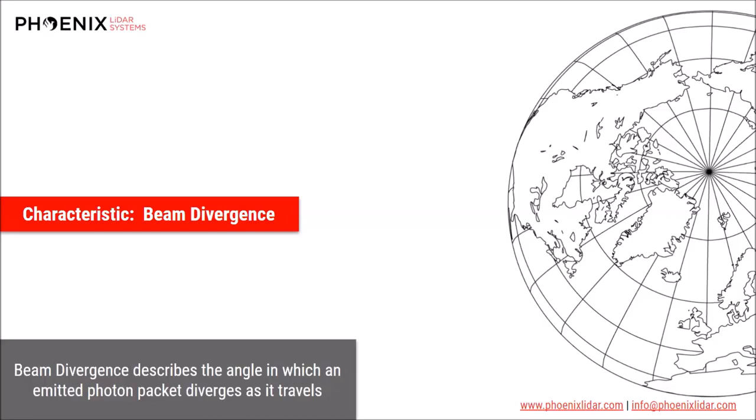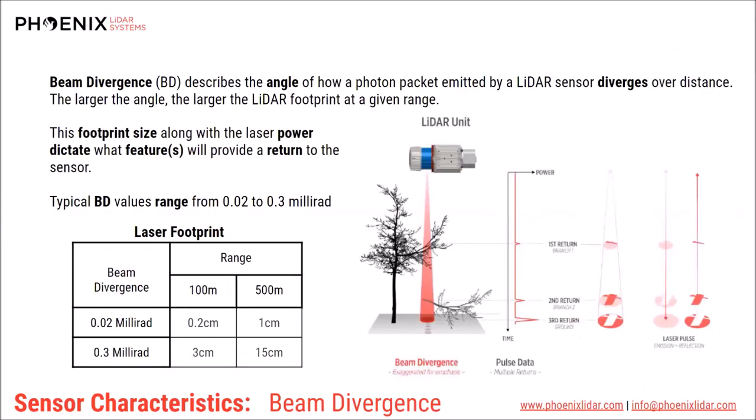In theoretical laser land, a laser shoots in a finite point, but in reality there is a divergence to this beam that is emitted, and that divergence is characterized in our LiDAR sensors as beam divergence, simply the angle in which this cone of the laser is emitted. That's much easier seen here than thought of in words.